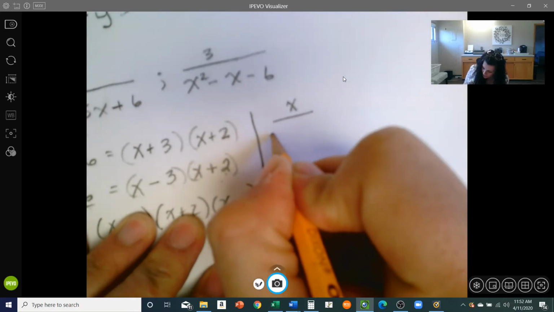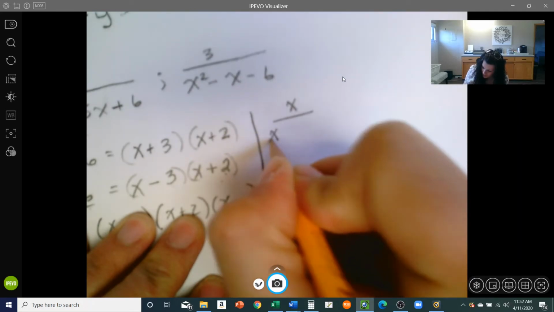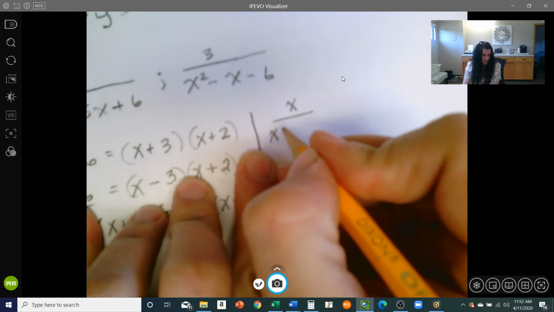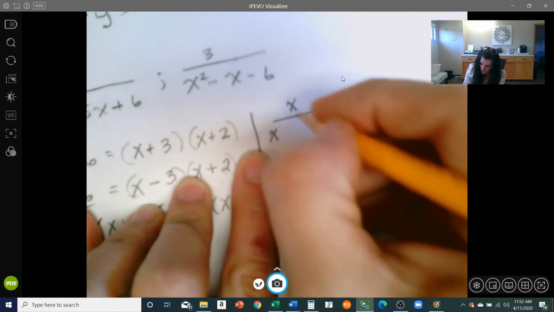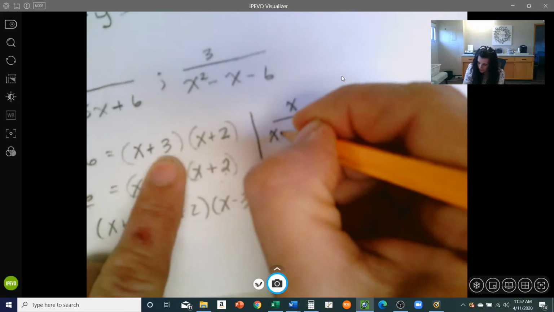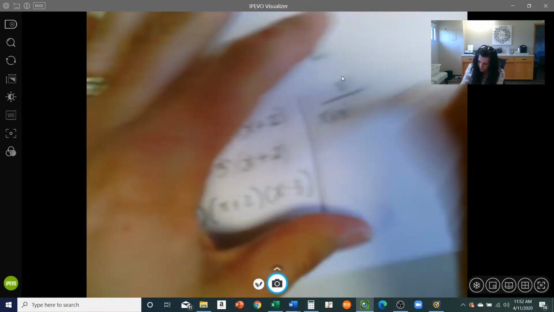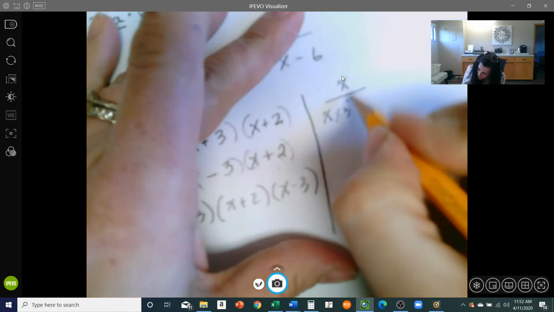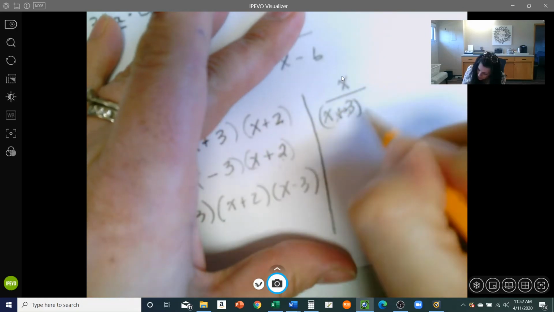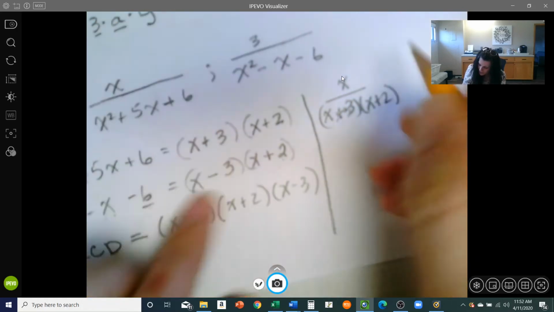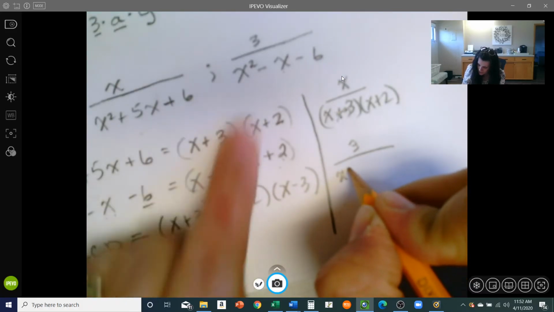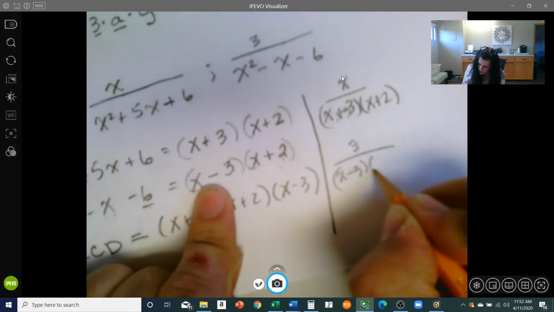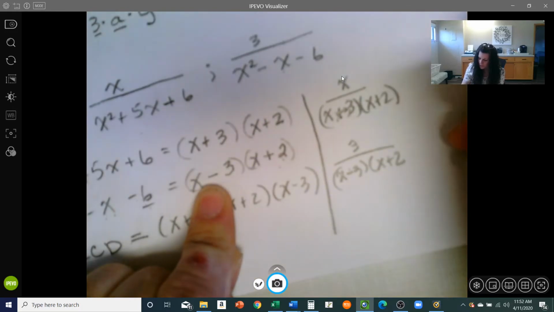So I have x over, and I am going to write these in factored form. So I have x over x plus 3 times x plus 2. And my other number is 3 over x minus 3 times x plus 2.